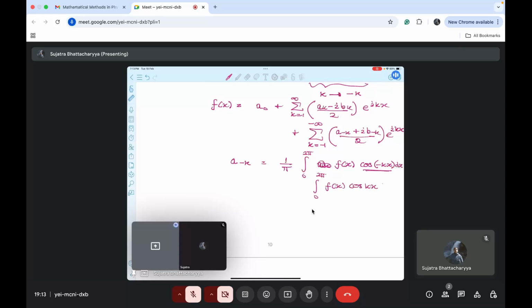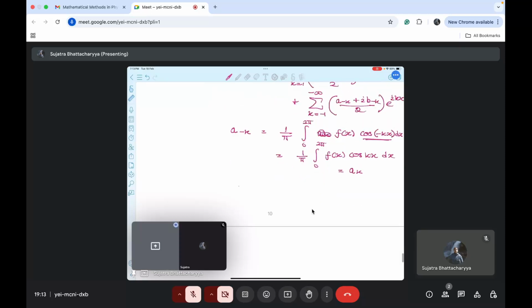Cos of minus kx is cos kx, so this becomes equal to ak. There is no difference. What about b minus k? It is 1 by pi, integral from 0 to 2 pi of f(x) sine of minus kx dx. I know that sine of minus kx is minus sine kx, so we can write this as minus bk.